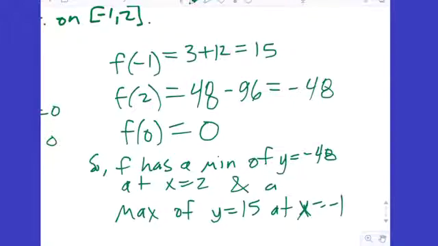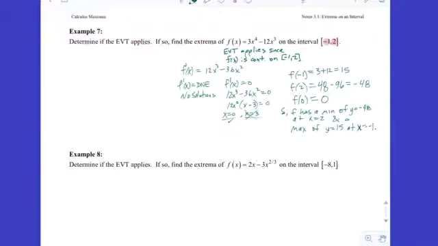And that's how you would answer it. So the critical value is still going to be a horizontal tangent, but he's not going to be the absolute max or the absolute min. On that interval, this function has a minimum of -48 and a maximum of 15. Pretty easy, right?